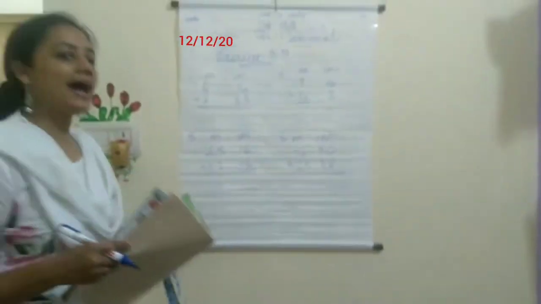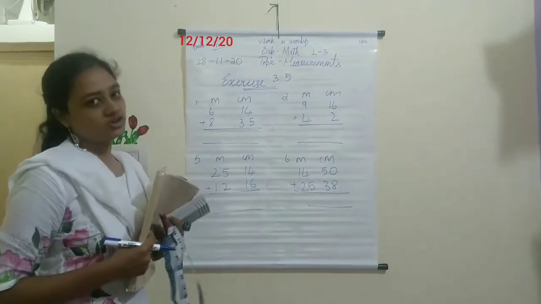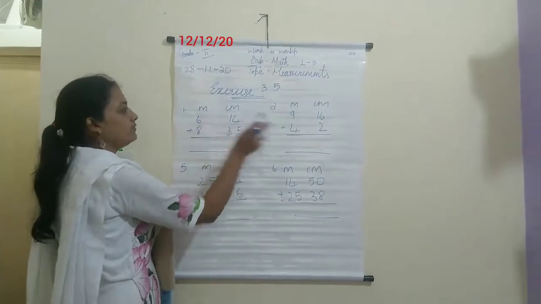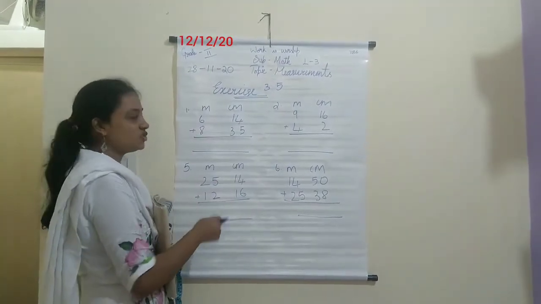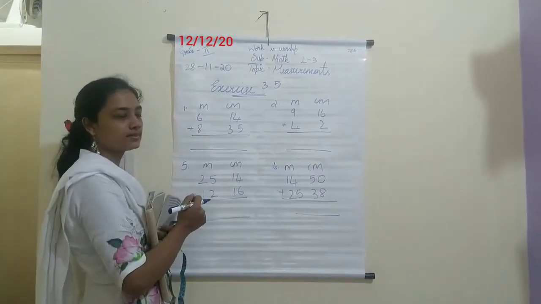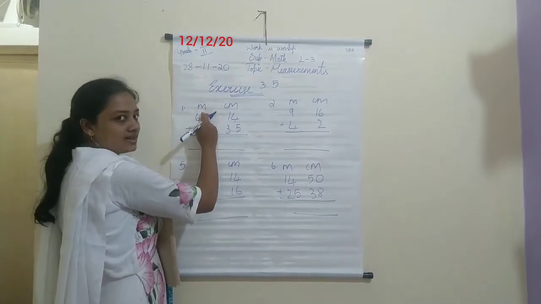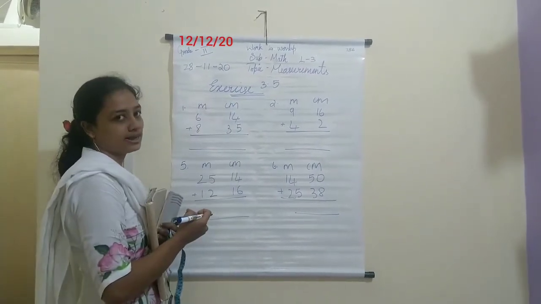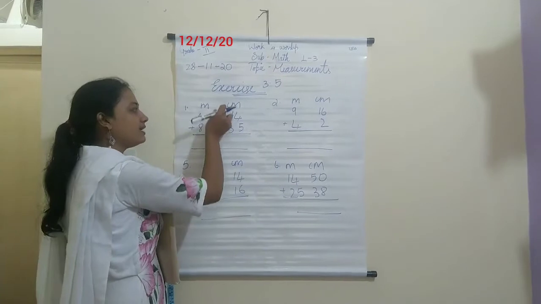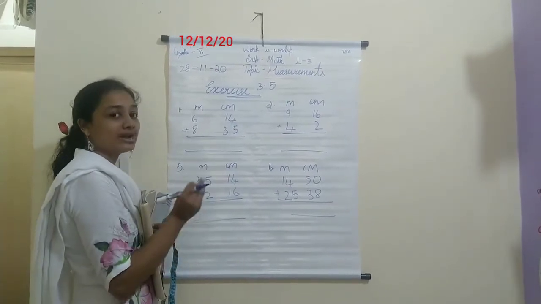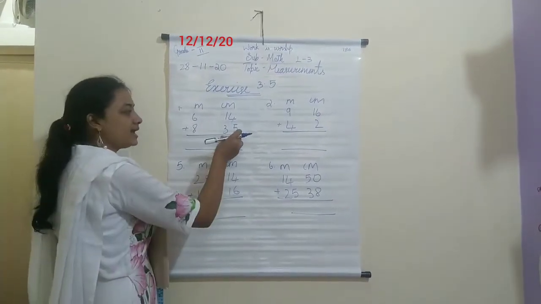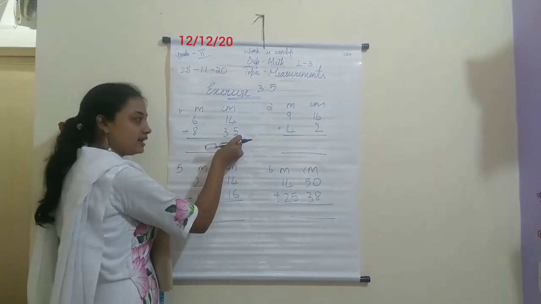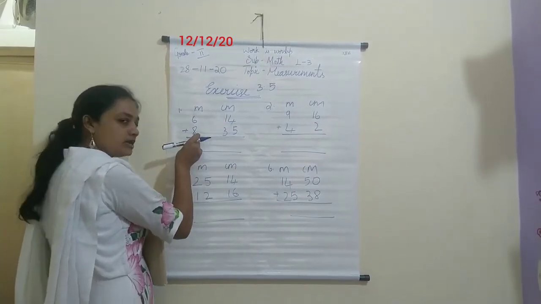In this, we will be learning how you will add the measurements. So, if you can see your textbook, you have questions written like this. You have meters on one side, centimeters on one side. Both this should have gap in between. When you are writing the answers also, you should write centimeters in centimeters column, meters in meters column.